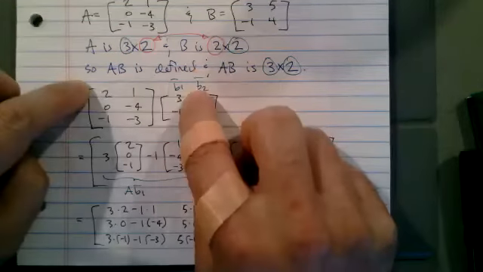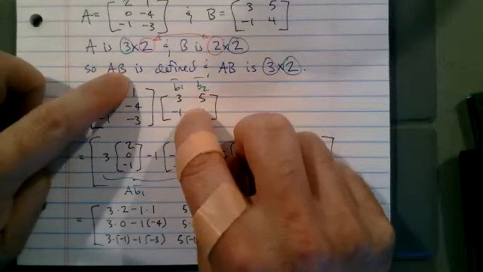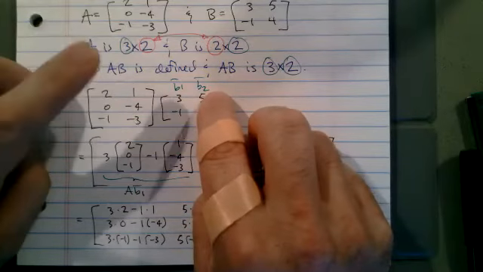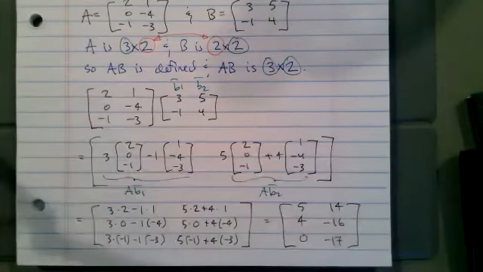2 times 3 minus 1 times 1, 2 times 5 plus 1 times 4, and so on. So rows of A times columns of B. That would be a shorthand way of thinking about it.